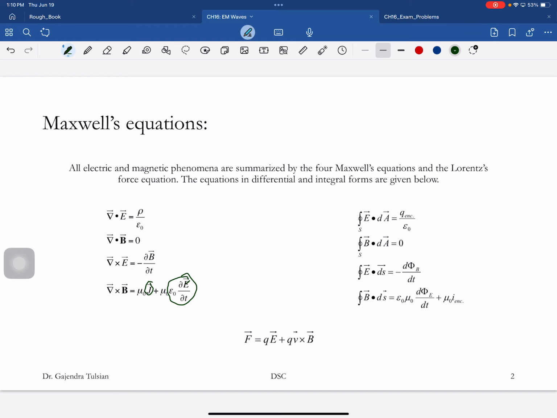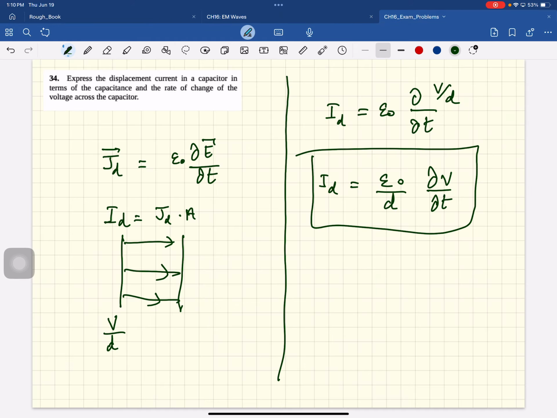Okay. All right, so, and this is, by the way, the capacitance of the capacitor.